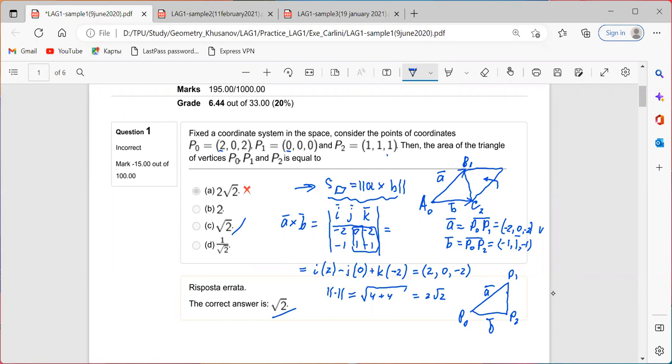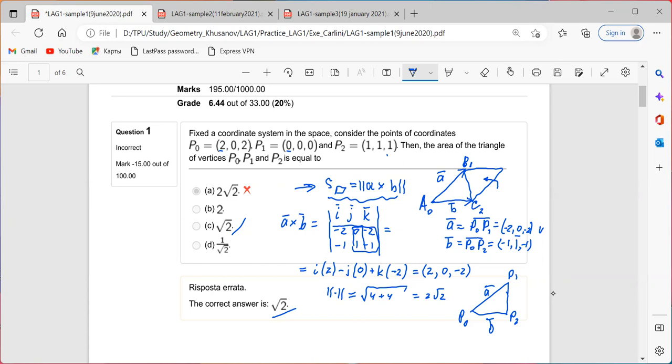Then in the second row, we put the coordinates of the A vector, which is minus 2, 0, minus 2. And in the third row, we put the coordinates of the B vector. Then we compute the determinant. We will compute this determinant using expansion according to the first row.